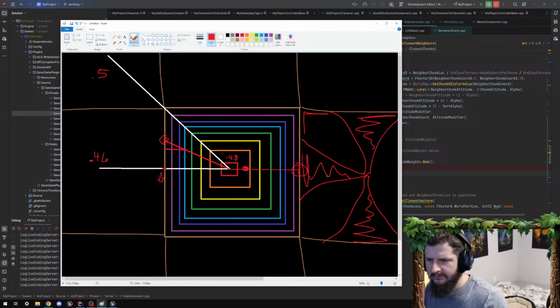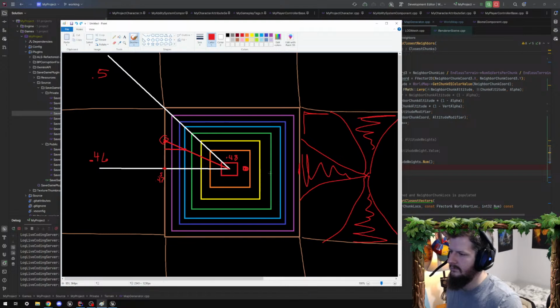The far right chunk is a neighbor, right here.